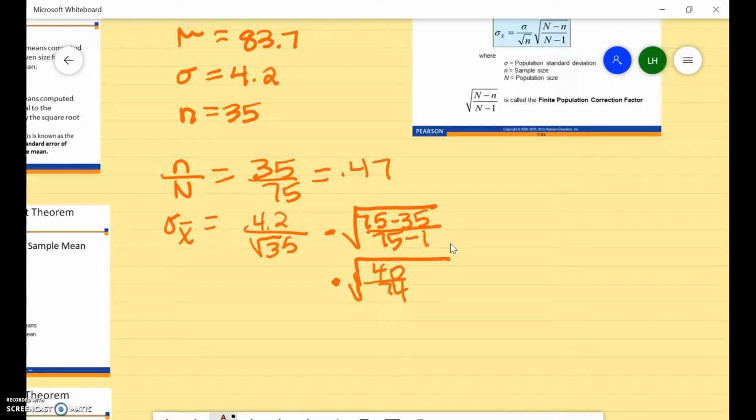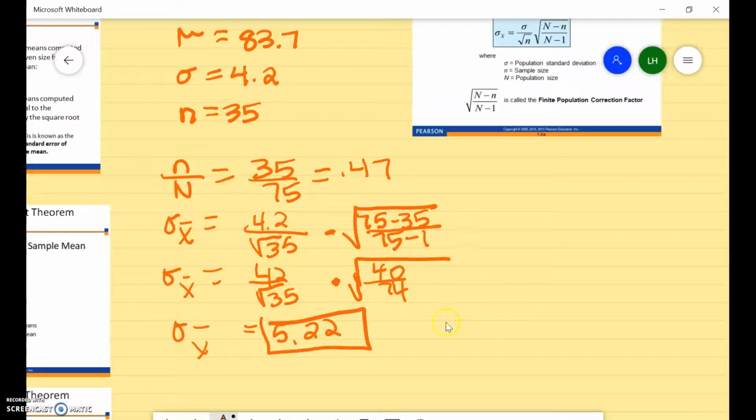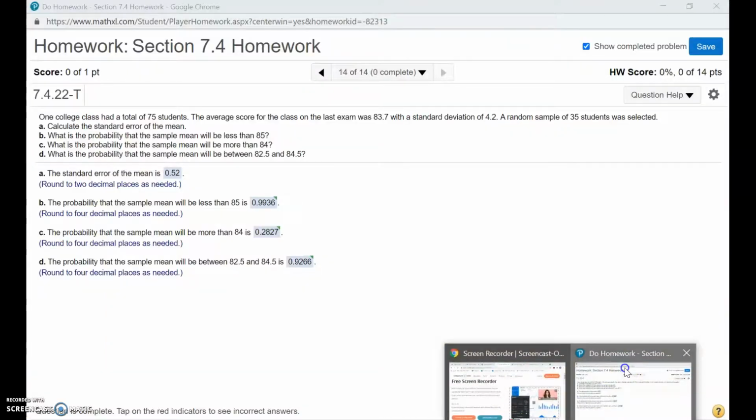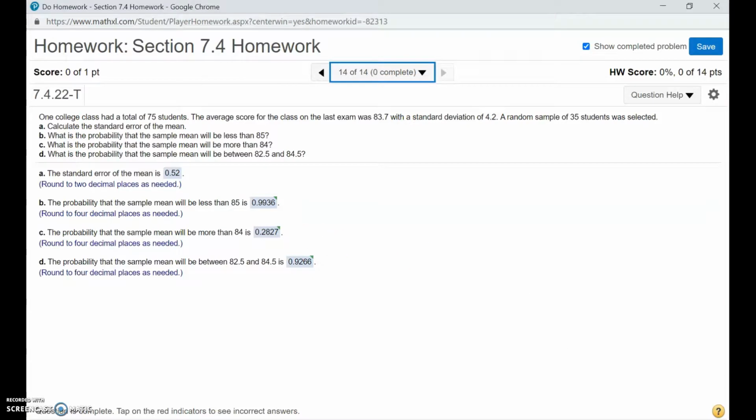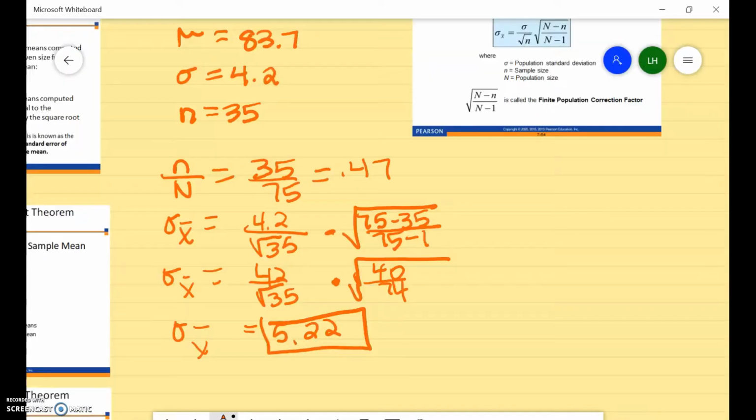And so your standard error of your mean here is going to be 5.22. Now everything else after this works the same way. It's just that first part that takes a little bit longer to calculate.